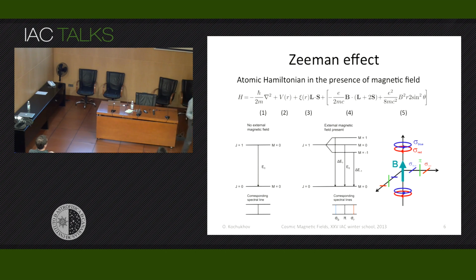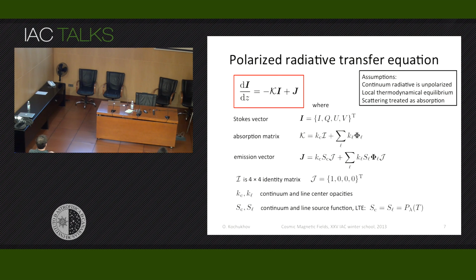So this is the basic setup at the level of individual atoms that corresponds to magnetic field observations in stars. This is what we have to deal with. But in reality, of course, we need some mathematical apparatus to predict spectra of magnetic stars, predict Stokes parameters.